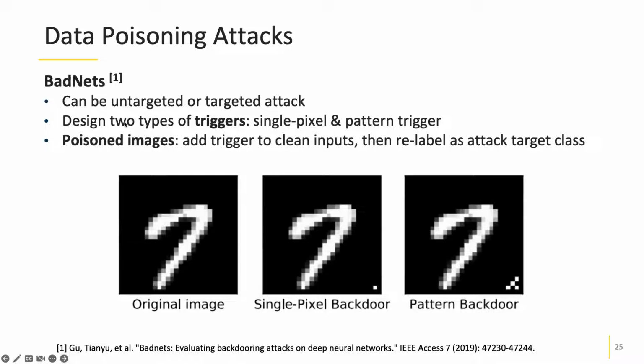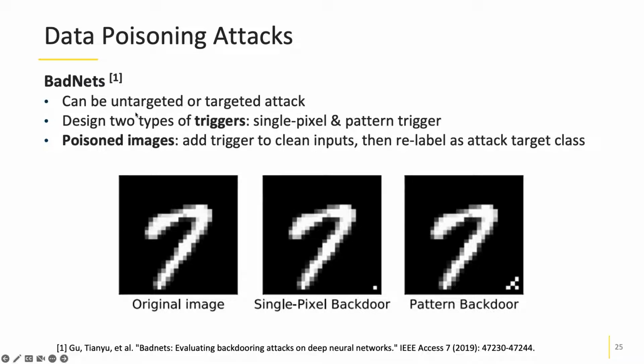It has two types of triggers that are added to the input to activate the poisoning functionality. The first one is a single pixel pattern, which is shown in the middle figure here. The second type of trigger is called a pattern trigger, which is shown in the rightmost figure here.